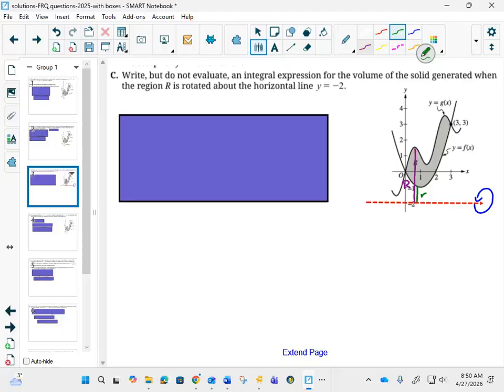But my big radius in purple, does it make sense that from here to here is actually my function g of x? And then I'm going to need to add 2 to that.